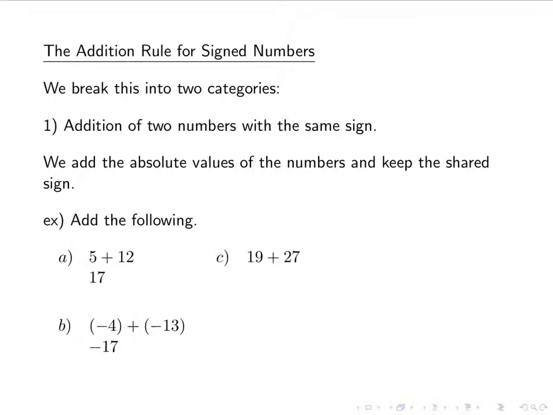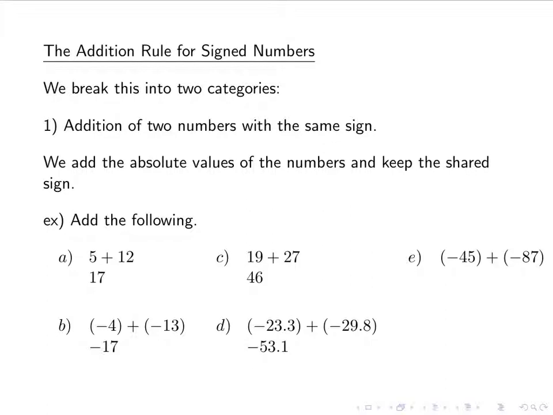19 plus 27, again, they're both positive, so I just add them, and I get 46. Then I have negative 23.3 plus negative 29.8. Again, they're both negative, so I'm going to add their absolute values, the positive 23.3 plus positive 29.8, and I get 53.1, slap back on the negative.